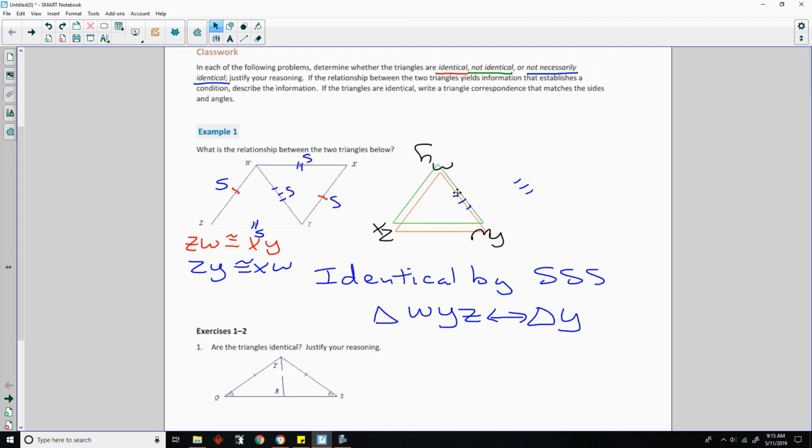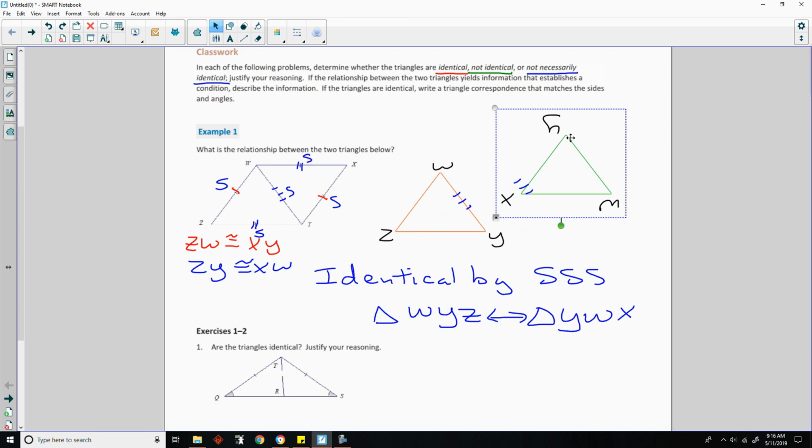And then what corresponds to W, or I'm sorry, Y. So W corresponds to Y, and then Y corresponds to this W here. So that's W. And as you can see, Z, X lands on top of Z. So W, Y, Z corresponds to Y, W, X. Okay, so hopefully that was clear to you.